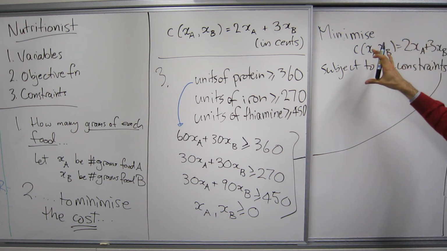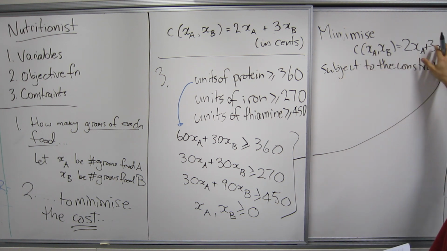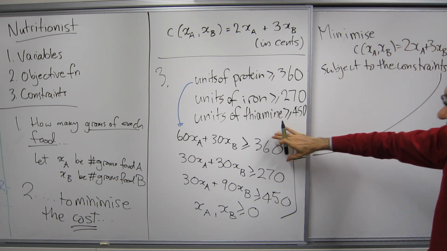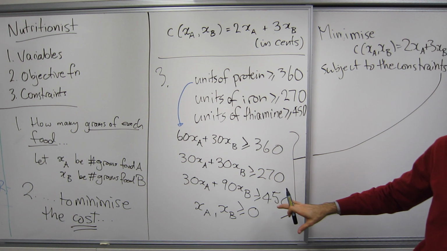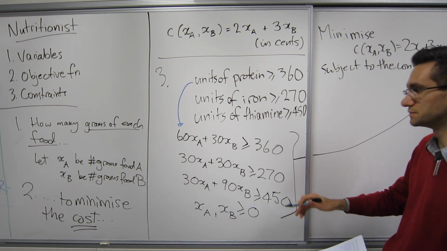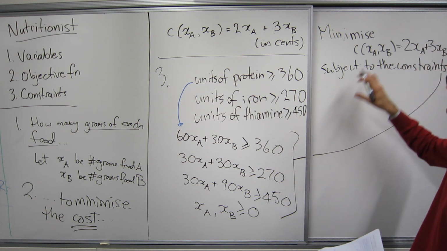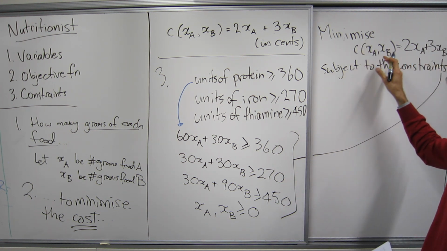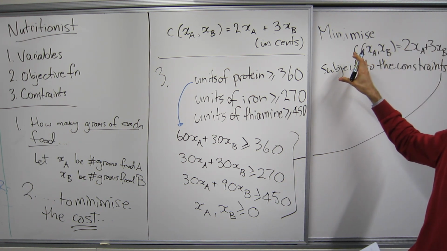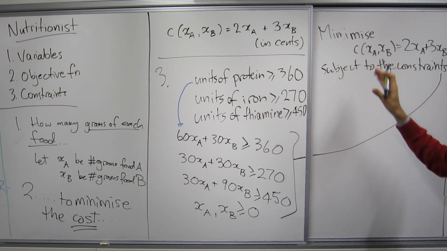So in this form we're just talking purely about, here's a function of two variables and we have some constraints, and we can solve this graphically. We can draw a feasible region and we can find the vertices, and then we evaluate the function at each vertex and see where the function is minimized. Okay, that's all.